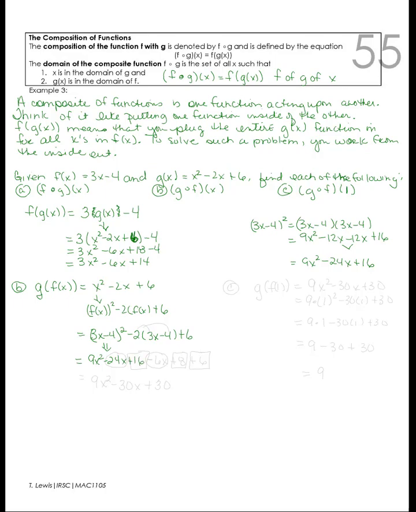Then we're going to distribute the negative 2 to the 3x and to the minus 4. So we have minus 6x plus 8, and then bring down the 6. Then any like terms that we need to combine, we will do so.